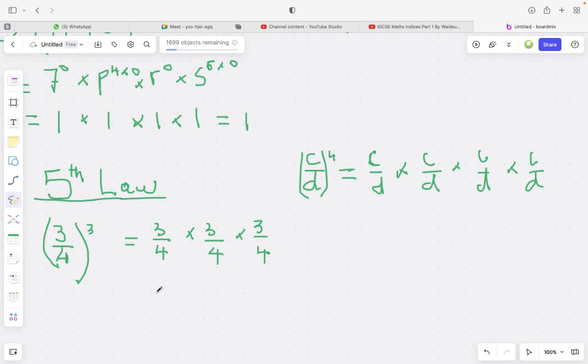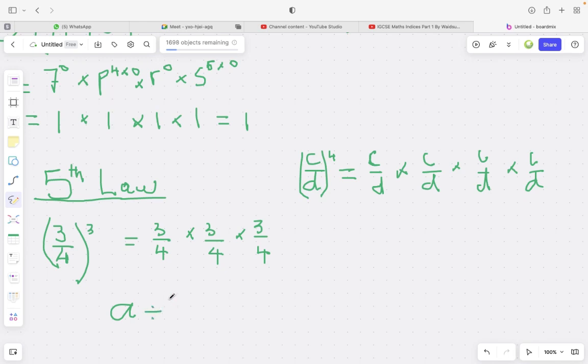for the 5th law, if you have A divided by B, you can see the two quotient or the two letters or numbers, they're different. They don't have the same base.